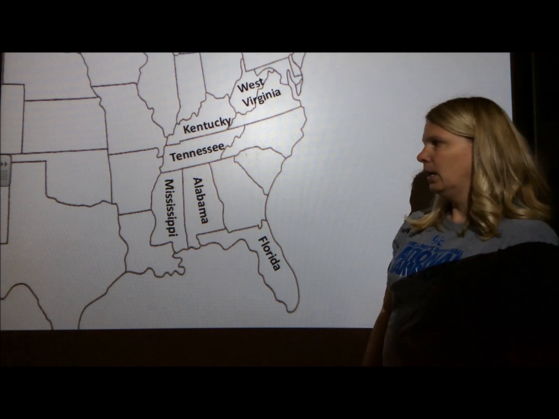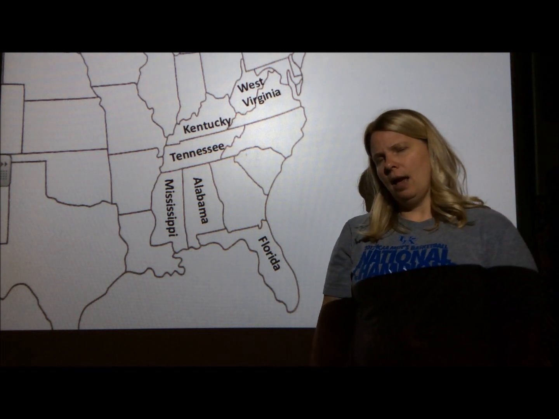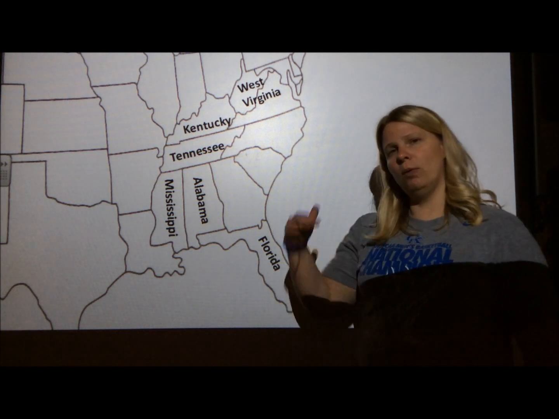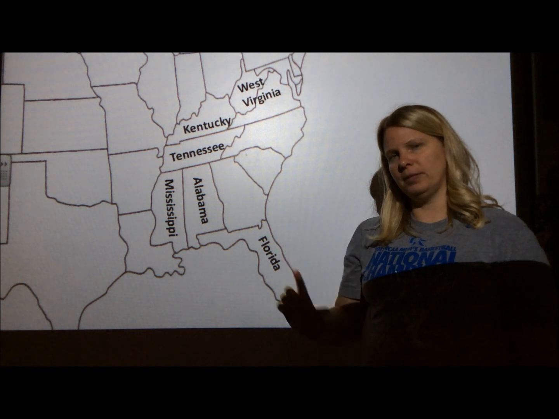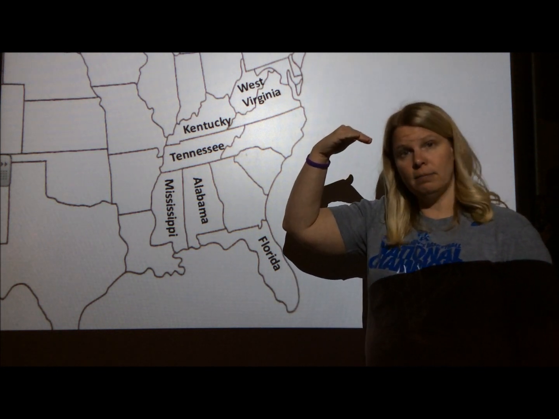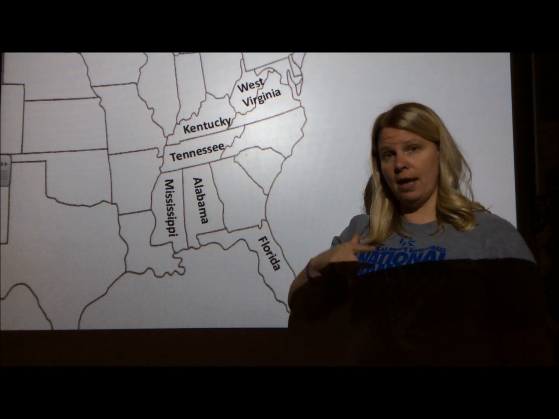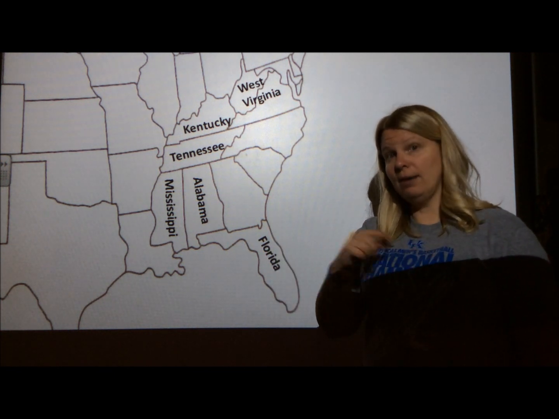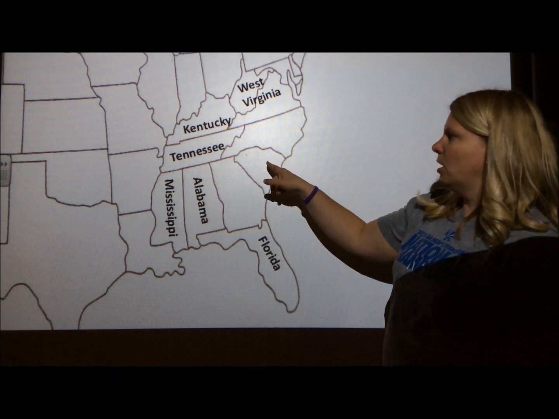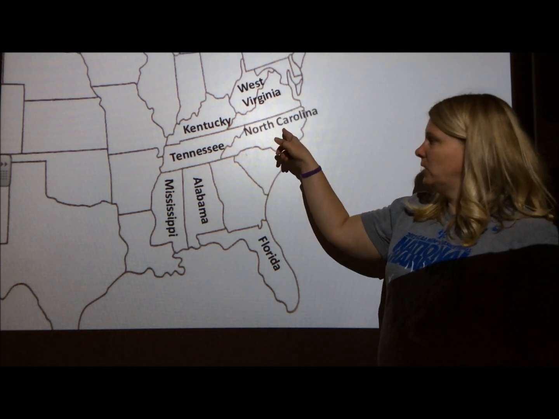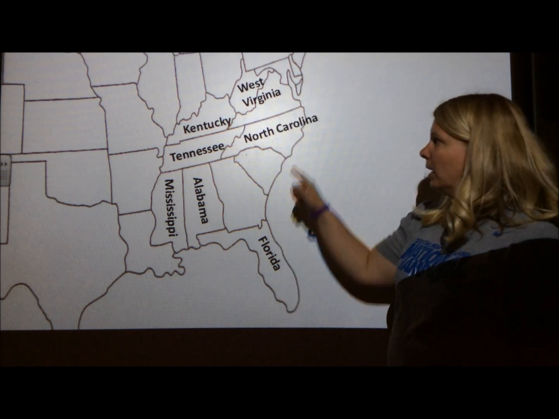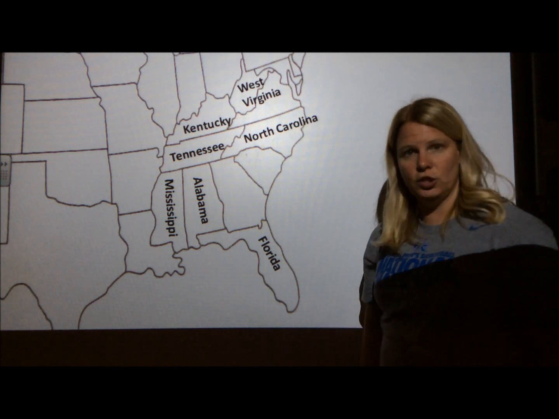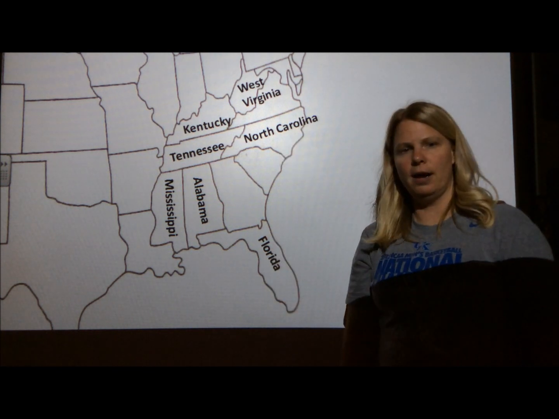The next one you're going to look at is North Carolina. Now be careful with these, okay? I have a lot of problems sometimes with people wanting to put north and south in opposite places. North is up, right? And we know our directions, north, south, and east and west, right? East to the right, west to the left. So, this one is North Carolina, right below Virginia, which we'll label Virginia in a second, but there's North Carolina.